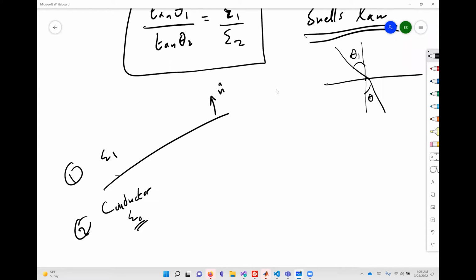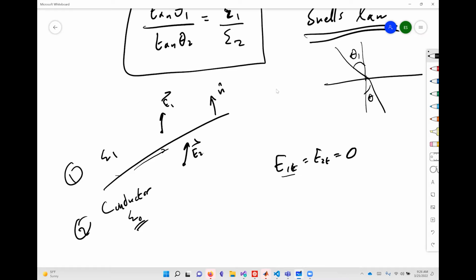We know we've already solved this for a conductor. So E2t, E2, and then E1. We said that E1t equals E2t equals 0. The tangential field at the boundary is 0 because you don't have current circulating on the boundary, right?